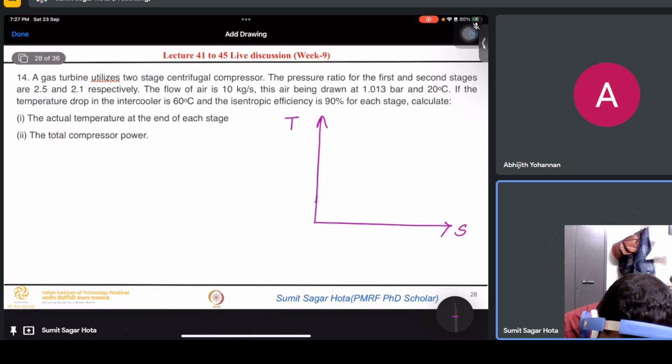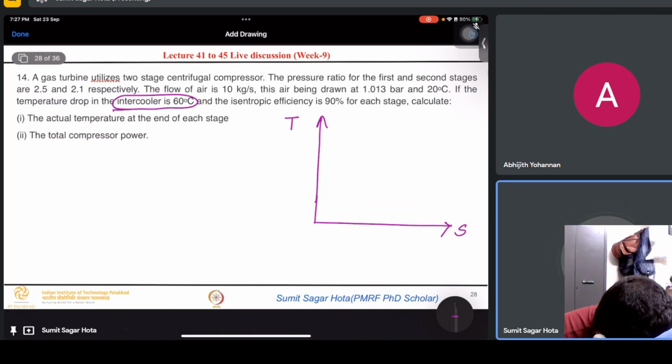Another thing mentioned is how these two stages are connected, through an intercooler. The intercooler has a temperature drop of 60 degrees Celsius.